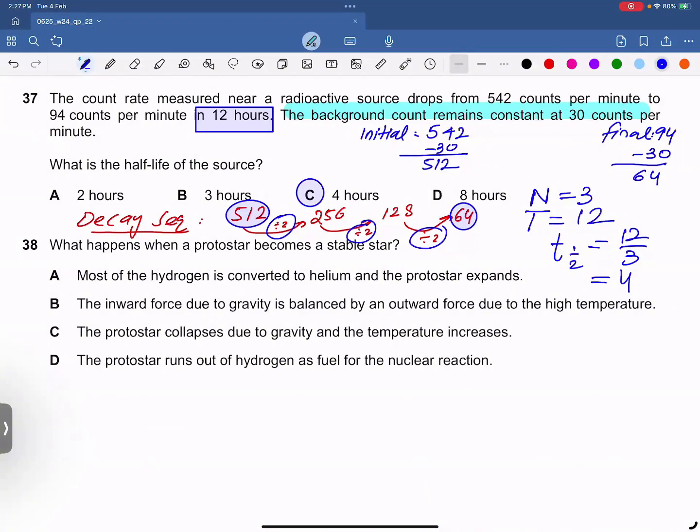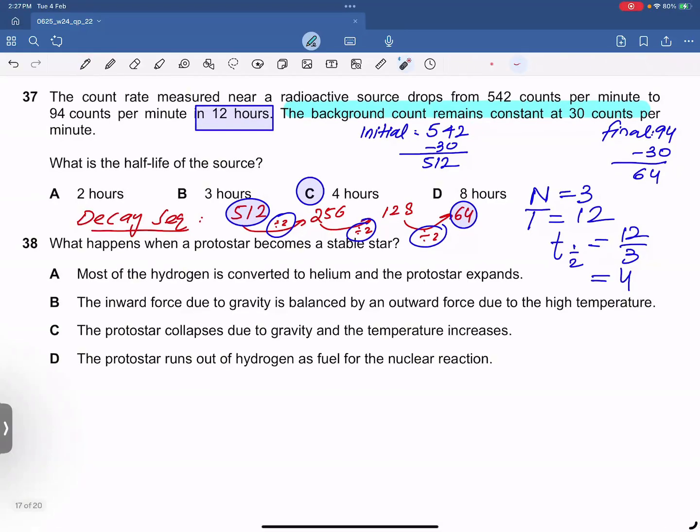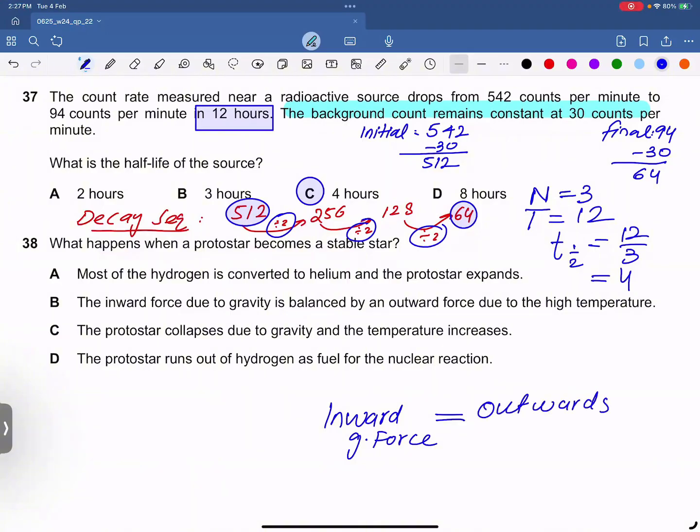Proceed to question number 38. Now we are doing space physics. What happens when a protostar becomes a stable star? Proto to stable: the inward gravitational force is balanced by the outward force due to thermal radiation.